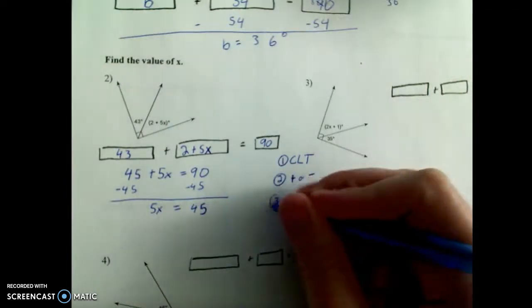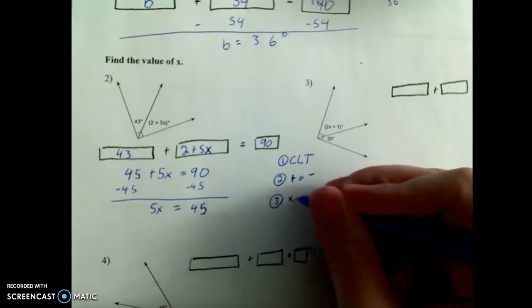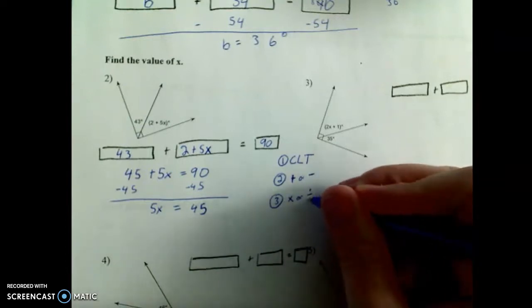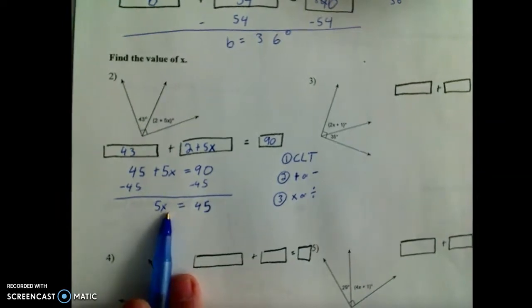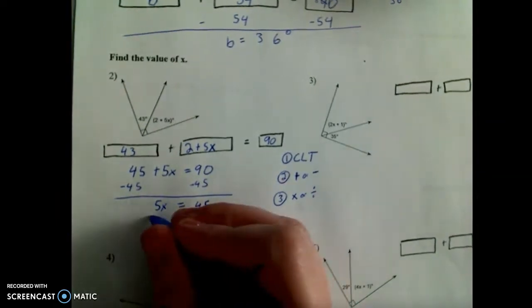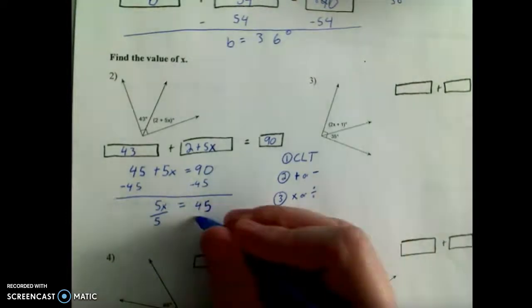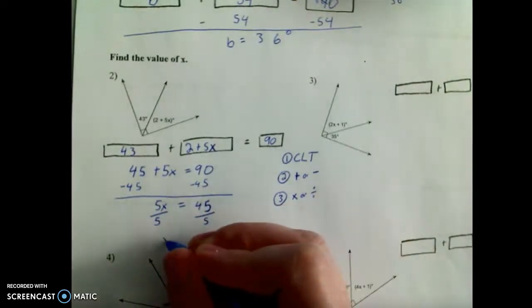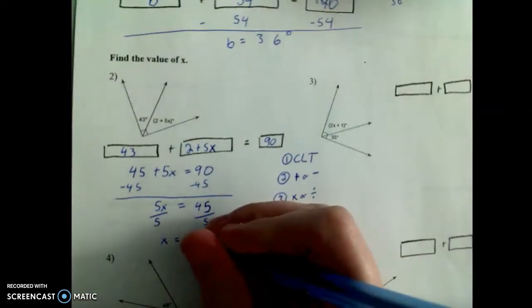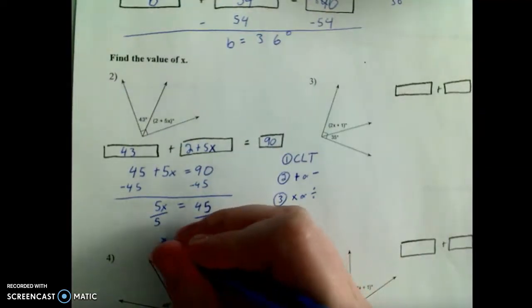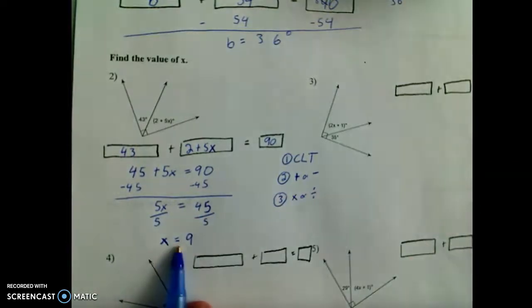Step 3. We're going to need to multiply or divide. 5 is being multiplied by the x, so the opposite would be to divide by 5. So that x is equal to, get my calculator, 45 divided by 5 is 9. There. Now I have solved, and x is equal to 9.